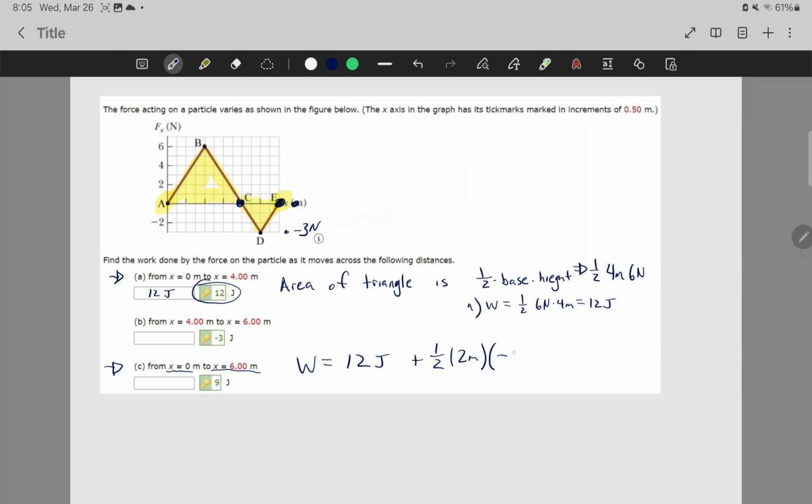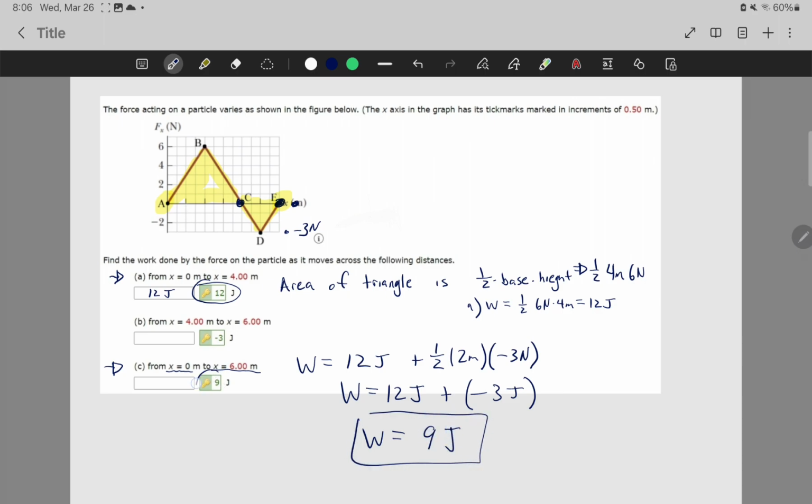So now we have a -3. Work equals 12 joules plus 2 times negative 3 is negative 6, times half is negative 3 joules. If we add that up, that would be 9 joules. So that's where we get this 9 here.